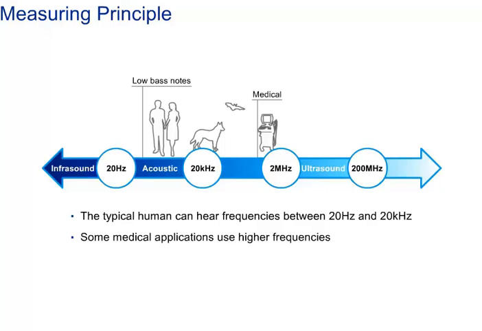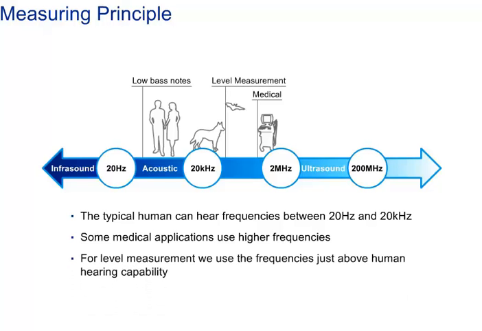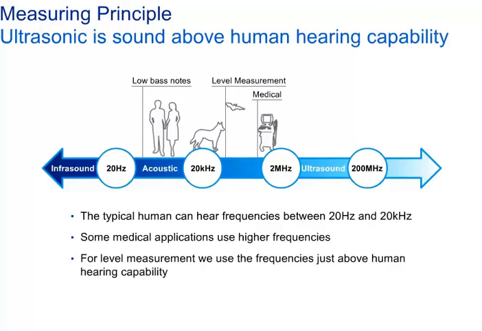This gives them very accurate measurements, but is limited to a very short measurement range. For level measurement, we need to measure some large vessels, so we need to use lower frequencies that can travel further. An ultrasonic level instrument works at a frequency just above human hearing capability.